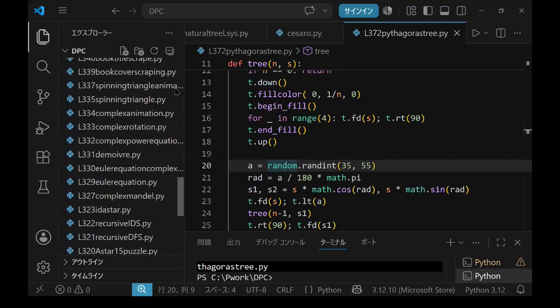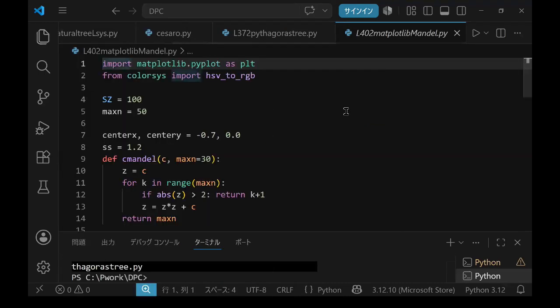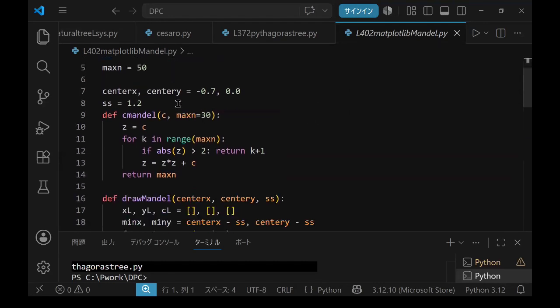400 by 400, yeah, very simple. Okay, so I divide the area into a grid. This calculates the decision of divergence.